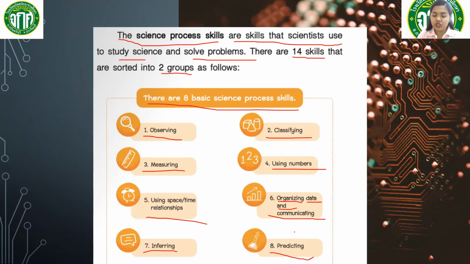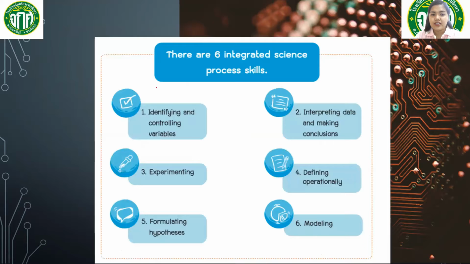Now let's move on to the second group. There are 6 integrated science process skills. Number 1 is identifying and controlling variables. Number 2, interpreting data and making conclusions. Number 3 is experimenting.